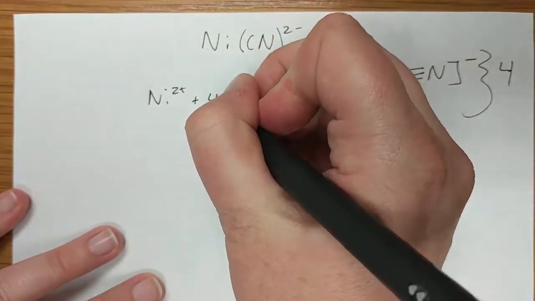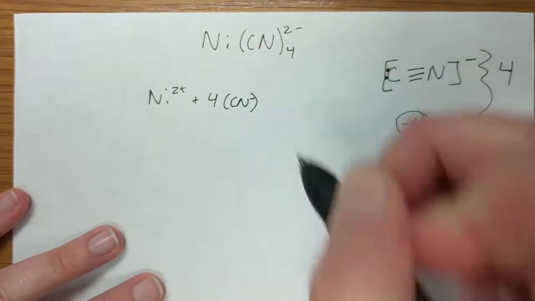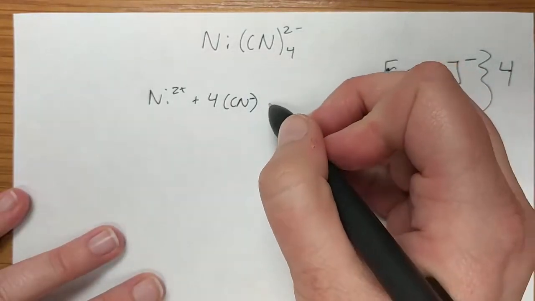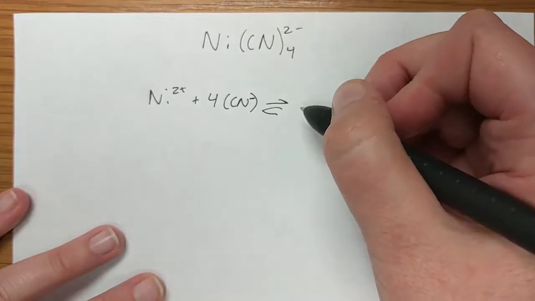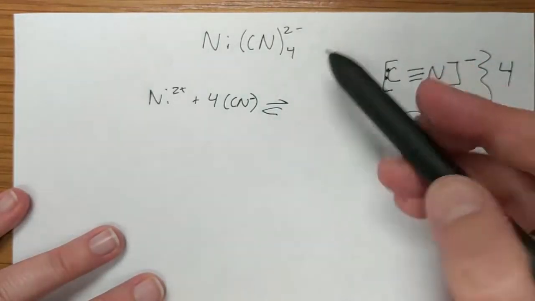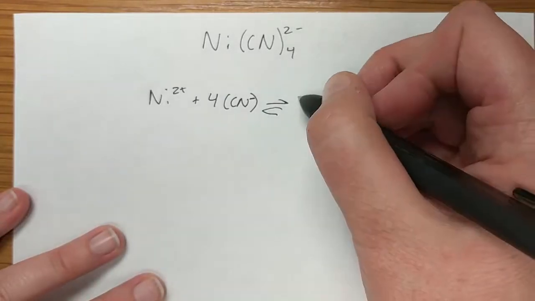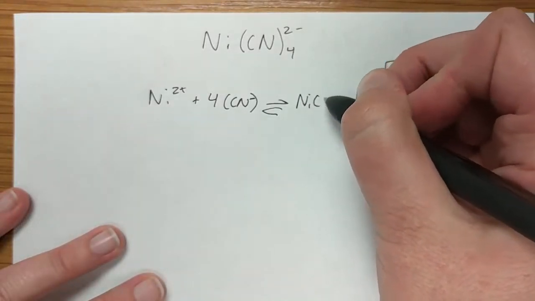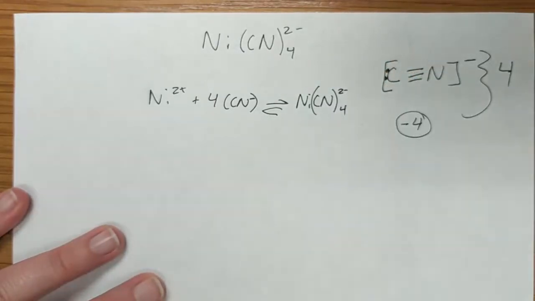Then we added on 4 cyanides to it, which have a negative charge each, and of course it's going to be an equilibrium. There's going to be some that are formed. Sometimes it'll break back apart and dissociate because this is going to be an aqueous molecule. And then it's going to form this nickel cyanide complex, we will call it.